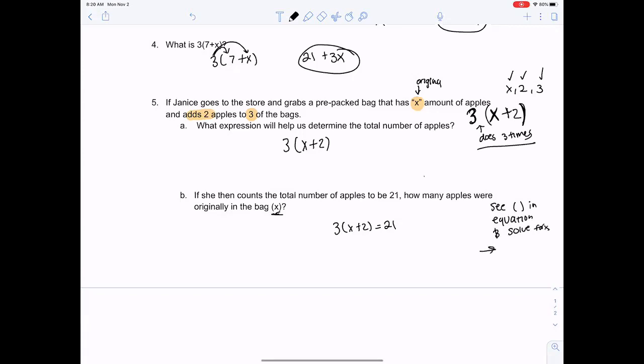So our first step is distribute. Our second step is, if we have like terms, yes, we want to combine them, but that really doesn't matter. We could combine them at the end. But what we really do want is to have variables and numbers on opposite sides of the equal sign.